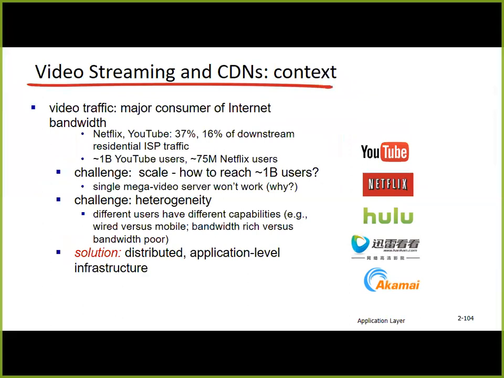So 53% of the bandwidth is consumed by these two streaming video websites. Amazing, if you ask me. At the time, there were over 1 billion YouTube users and about 75 million Netflix users.